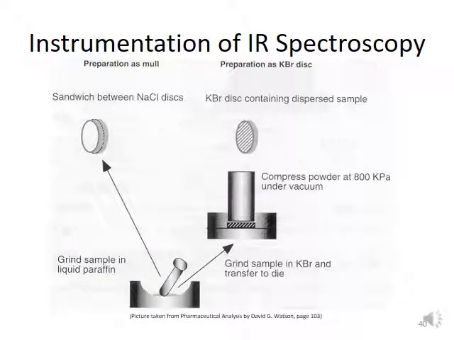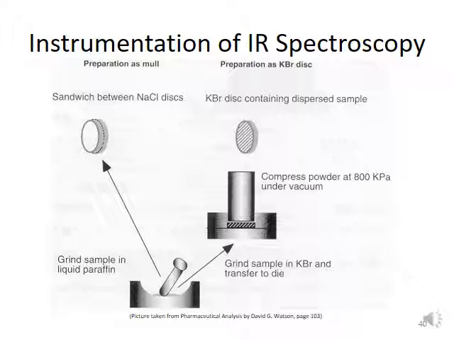So this is preparation as a mull, and this is preparation as a potassium bromide disc. Basically, after you grind the sample with liquid paraffin, you simply put it between the sodium chloride discs, and then you can simply scan.